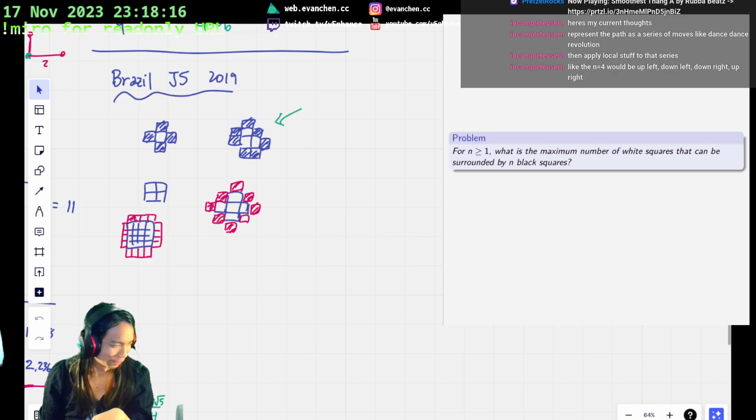Represent the path with up, down, left, right. Wait, I actually can't even tell what the answer should be. What is the correct way to generalize the plus shape?